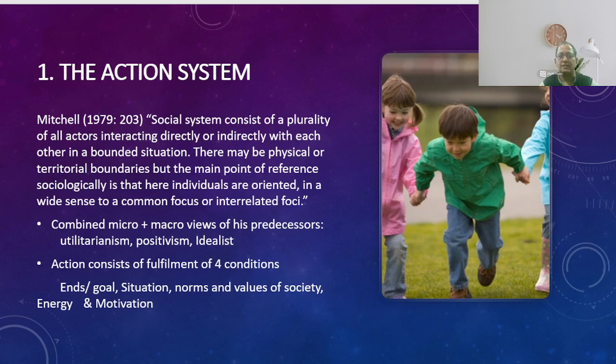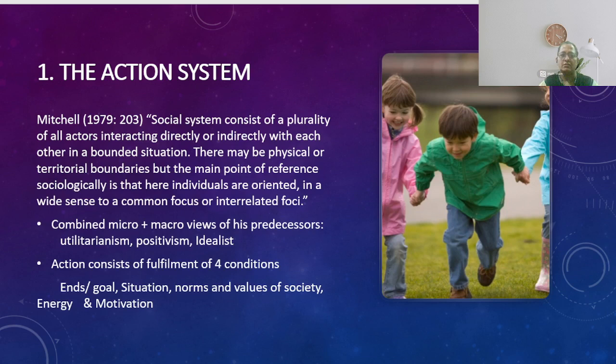A social system consists of a plurality of actors interacting directly or indirectly with each other in a bounded situation. There may be physical or territorial boundaries, but the main point of reference sociologically is that individuals are oriented, in a wide sense, to a common focus or interrelated foci.